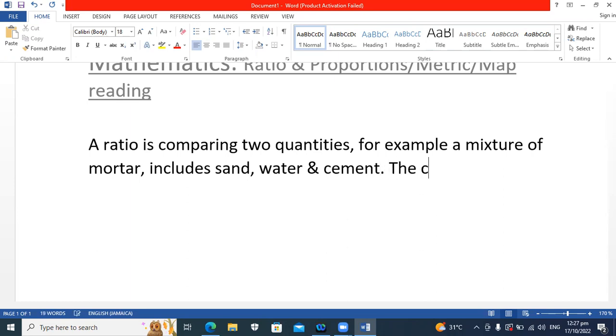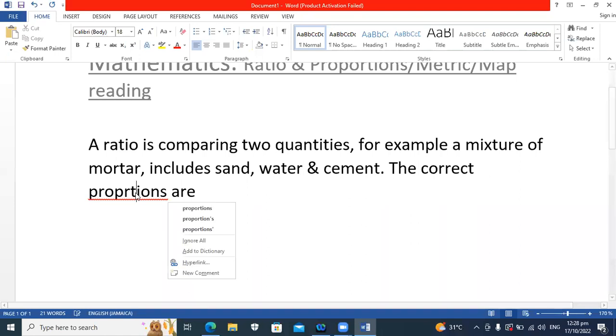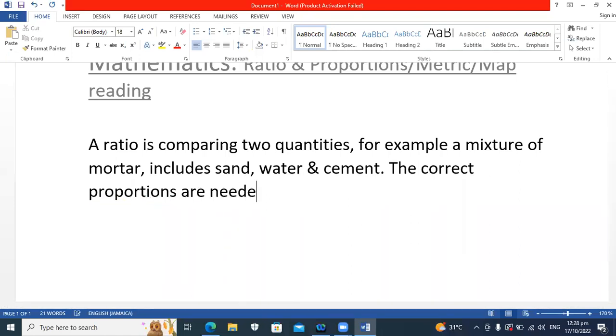The correct proportions are needed to produce the right mix.